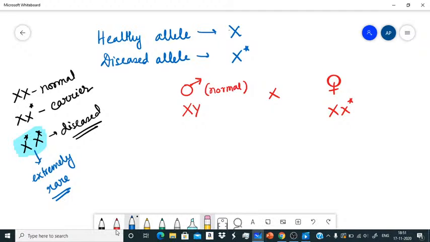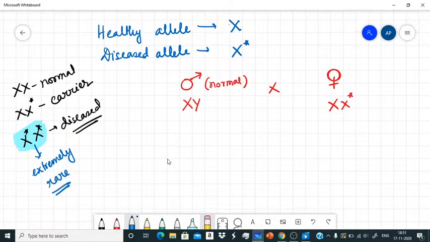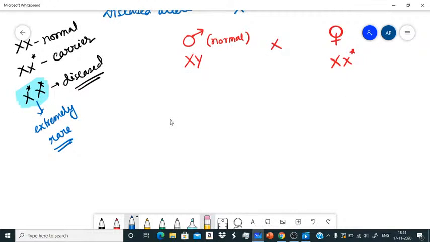If we do the cross over here, what kind of situations are we going to get? Suppose this is the parental generation. Now what will be the gametes? Gamete can be either X or Y in case of a male, or it will be a normal X gamete in case of the female, or a diseased X in case of the female. Now if these gametes meet each other, what kind of kids will be formed?